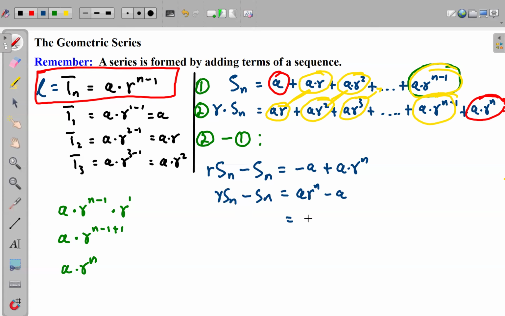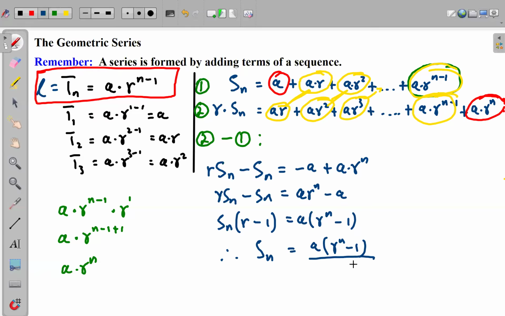So let's factorize on both sides. So let me factorize this one here so that I have R minus 1 left. And then I factorize out A here. Then I have R to the n minus 1. And then in this instance, I will divide by Sn both sides. So I will have A times R to the n minus 1 divided by R minus 1.